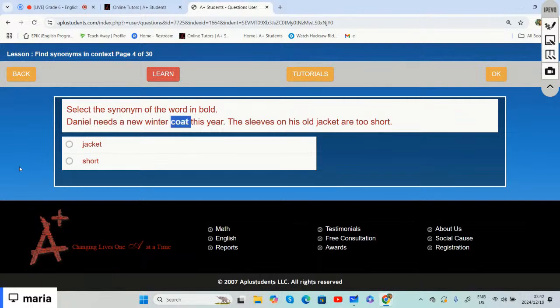Is it option one, jacket, or option two, short? Coat, jacket, or short?